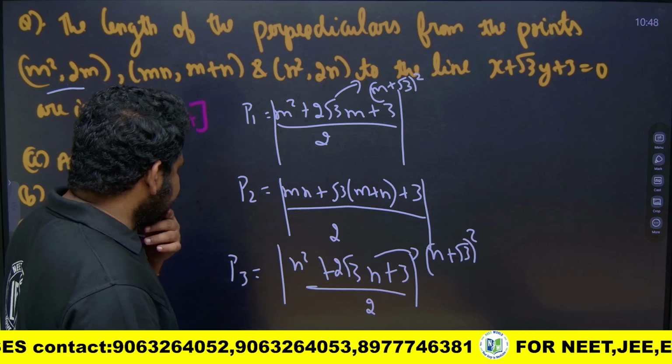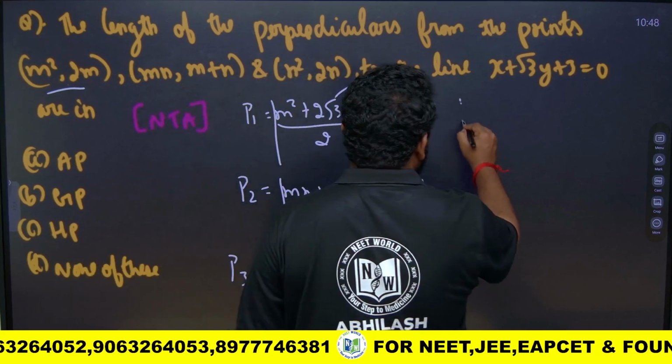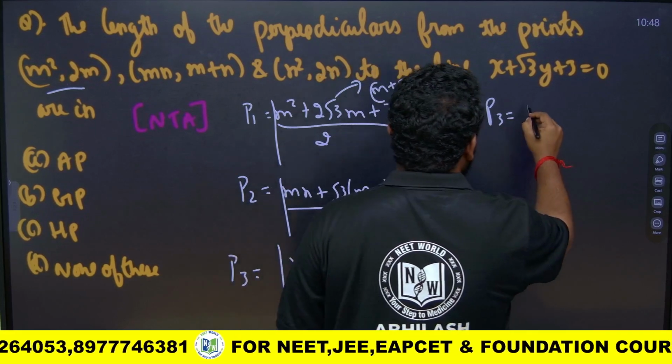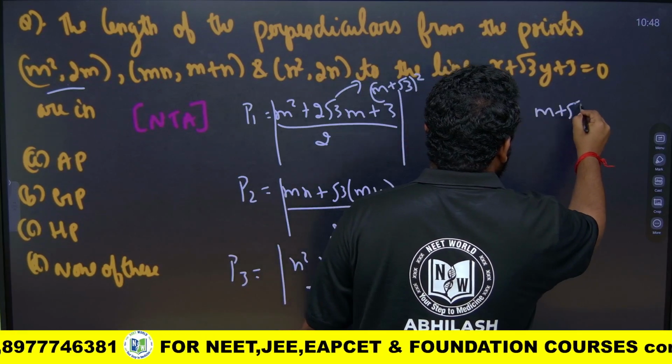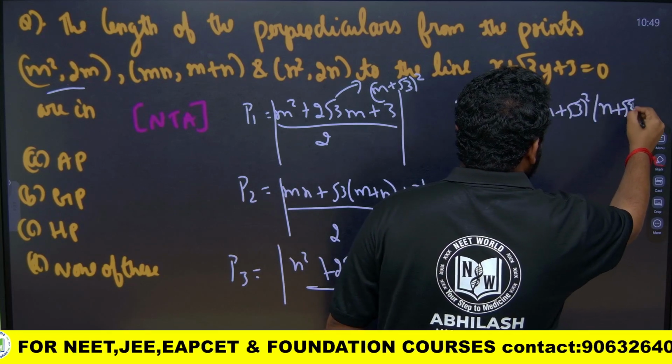Now if I see this, I can get some value. If I write p1 p3, it is nothing but m plus root 3 whole square into n plus root 3 whole square.